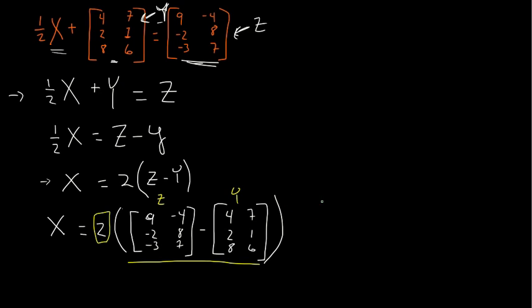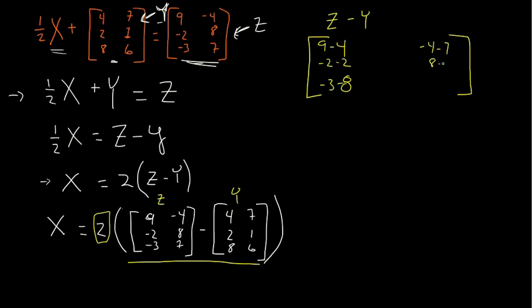Let's reduce this down to a new matrix called z minus y, and it will be 9 minus 4, -2 minus 2, -3 minus 8, -4 minus 7, -8 minus 1, and 7 minus 6.